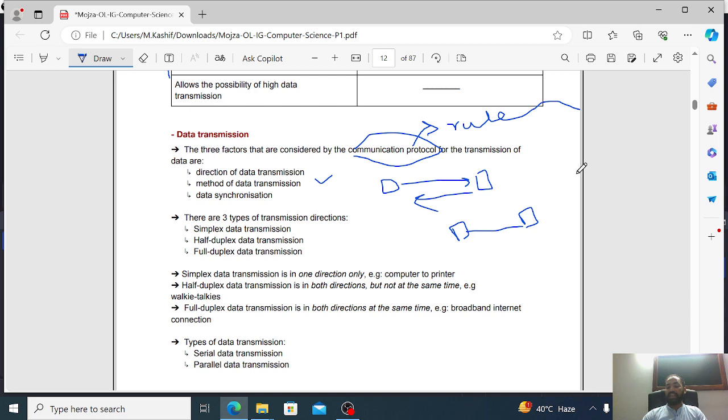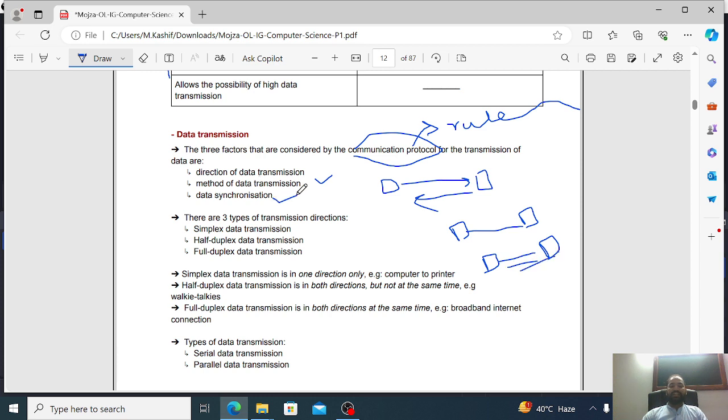There is one cable, one line between two PCs. It means serial transmission. And there can also be parallel transmission between two devices. It means there are multiple lines between two devices. So next we will discuss this in detail.